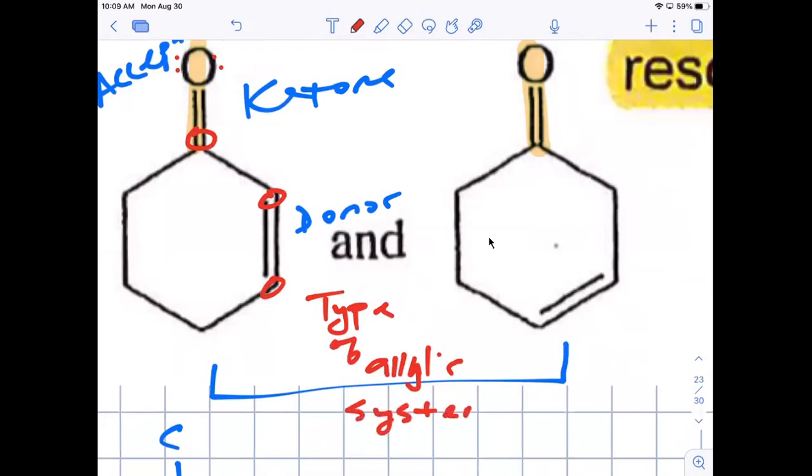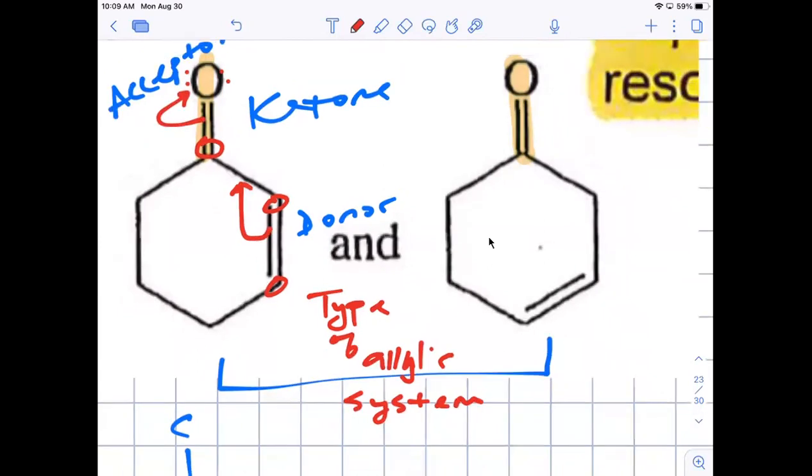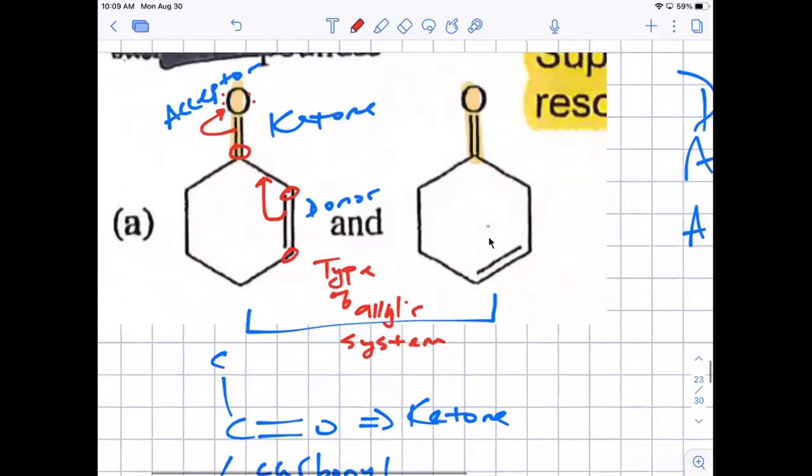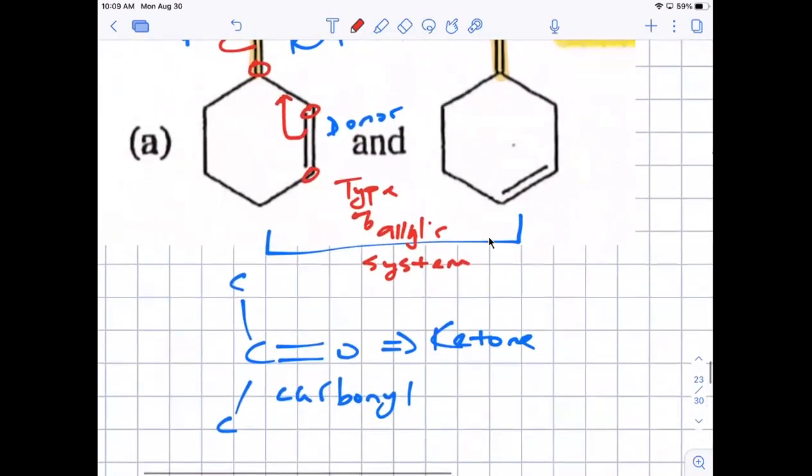So if I take this molecule and I shift this pi bond to here, take these electrons and give them to oxygen, I will not get this resonance form over here. What I will get is this.